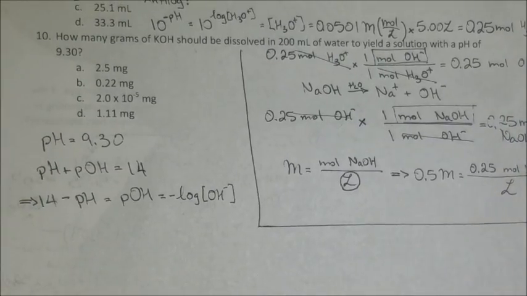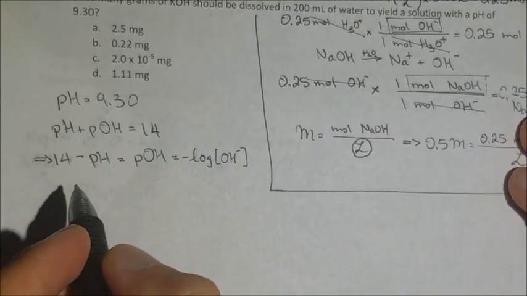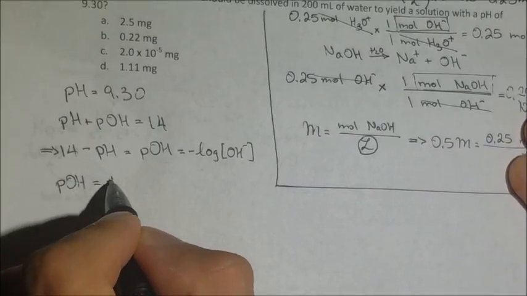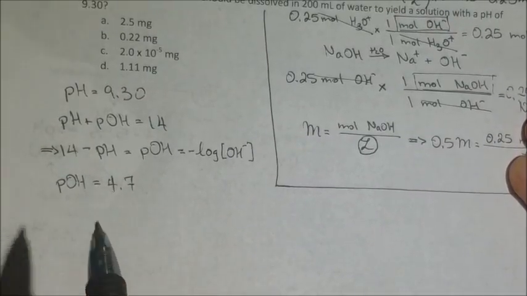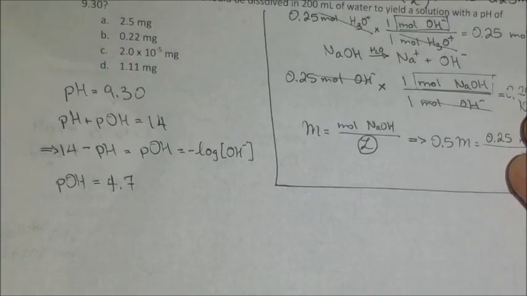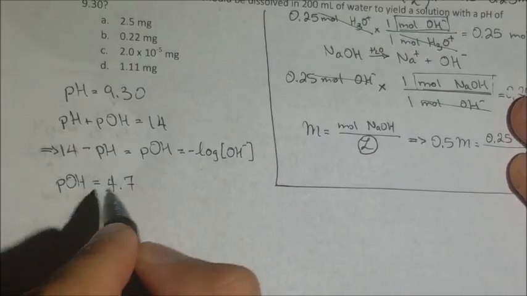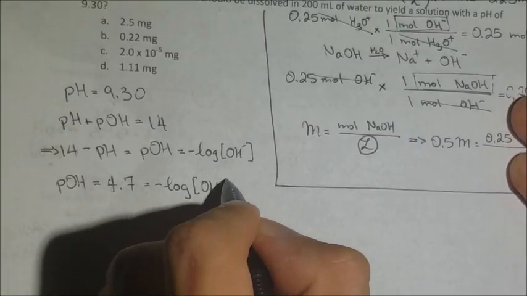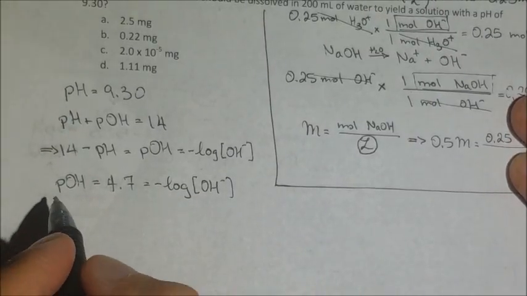So let's go ahead and do this numerically. 14 minus 9.3 is going to give me a pOH of 4.7. So my pOH is 4.7. Now, if I want to figure out what the hydroxide concentration is, I need to take the antilog.